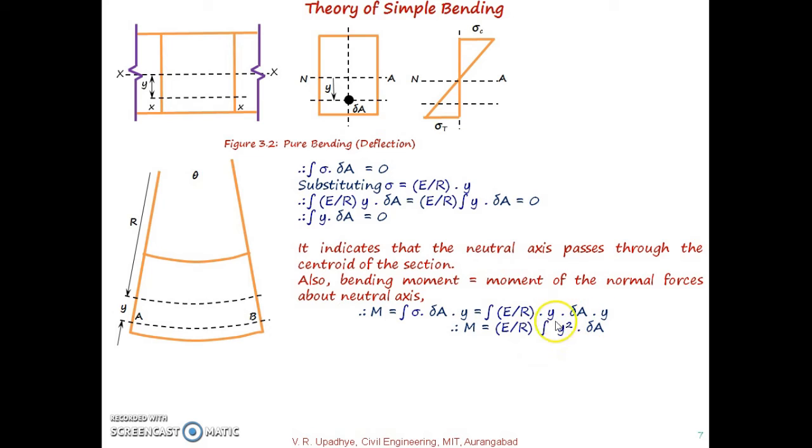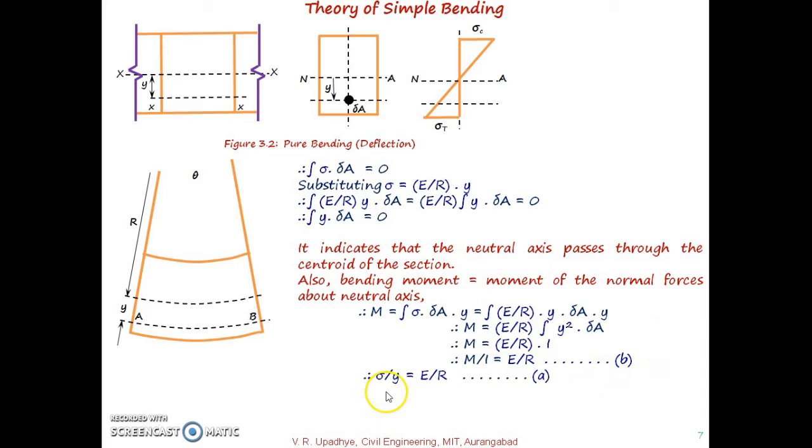Now these two y terms become y square delta A, and that integral y square delta A is the moment of inertia. So what we get is M is equal to E divided by R into I. So what we can rewrite is M divided by I is equal to E divided by R. So this is the second equation.